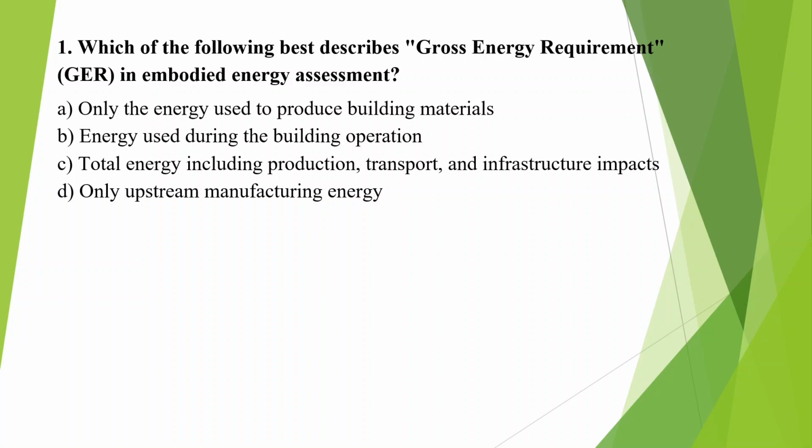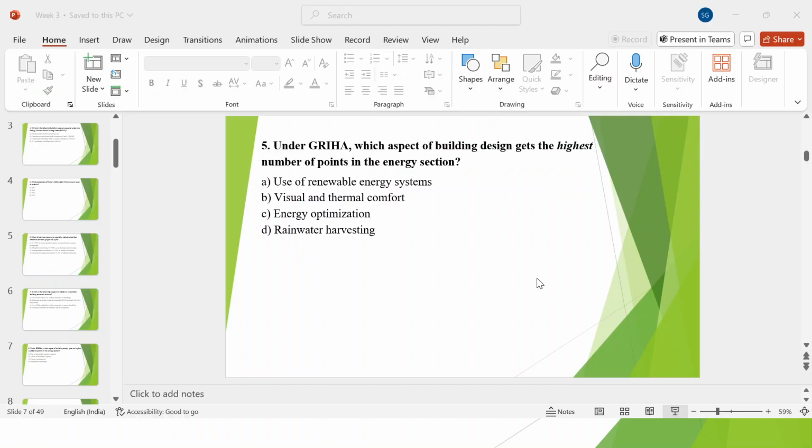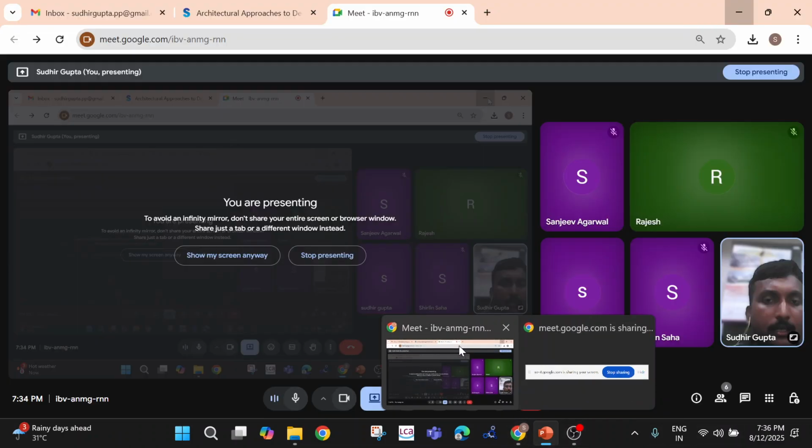This embodied energy assessment had been discussed in detail. You can separate the things like embodied and operational. So based on that, if you're clear about the embodied one and if you're clear about the operational part, then you can easily answer this question, which should come under this. Let's see how many of you have answered and answered it correctly.